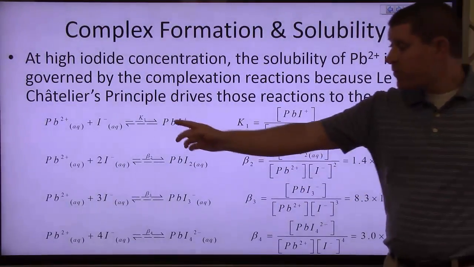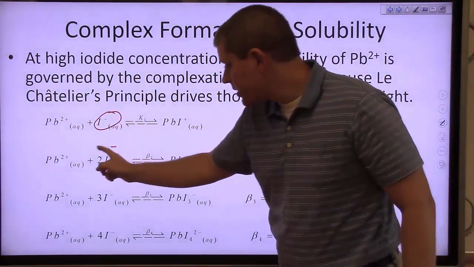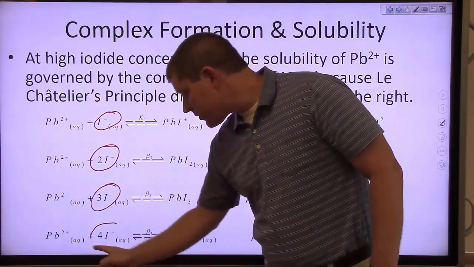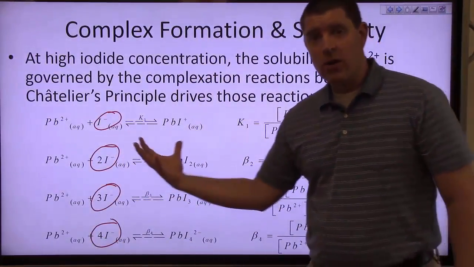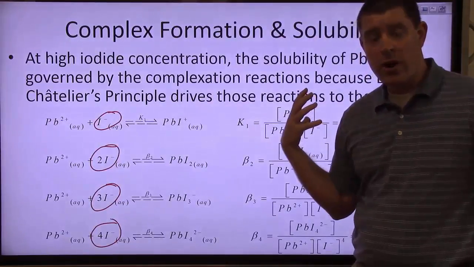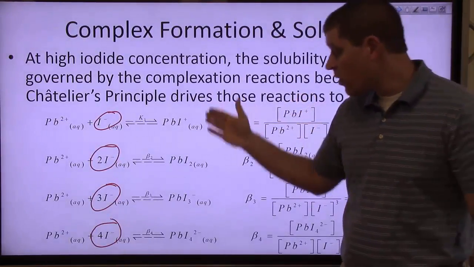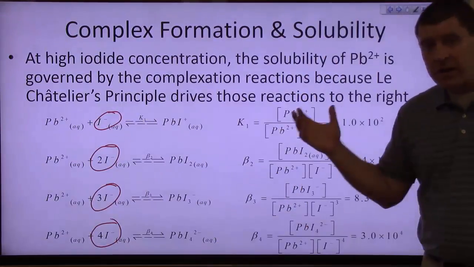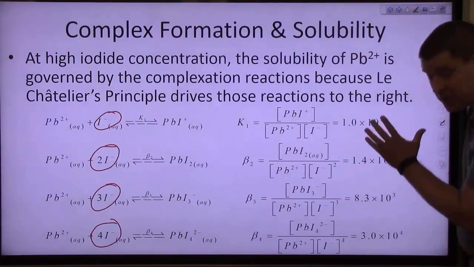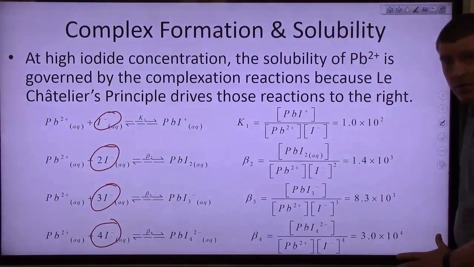That is, when we have a very high iodide concentration here, we have large concentrations of one of our reactants. Le Chatelier's principle is going to push those reactions to the right to form our complexes. And that then gives us these high values that we see over here for our formation constants.